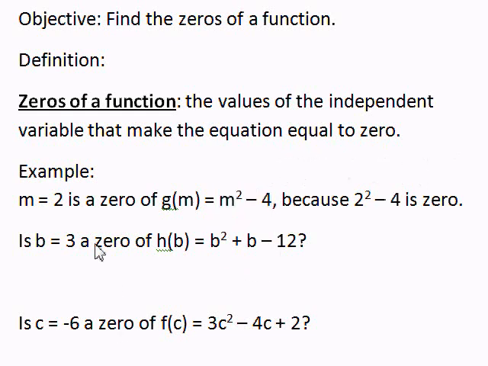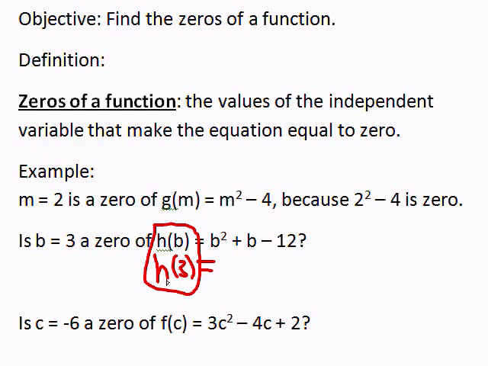So taking a look at that, is b equal to 3 a zero of h of b equals b squared plus b minus 12? To check that, we're going to substitute 3 in for the b. Note again that this symbol right here, h of b and h of 3, we don't do anything with that. We just leave it as h of 3. That says the value of h when b is 3.